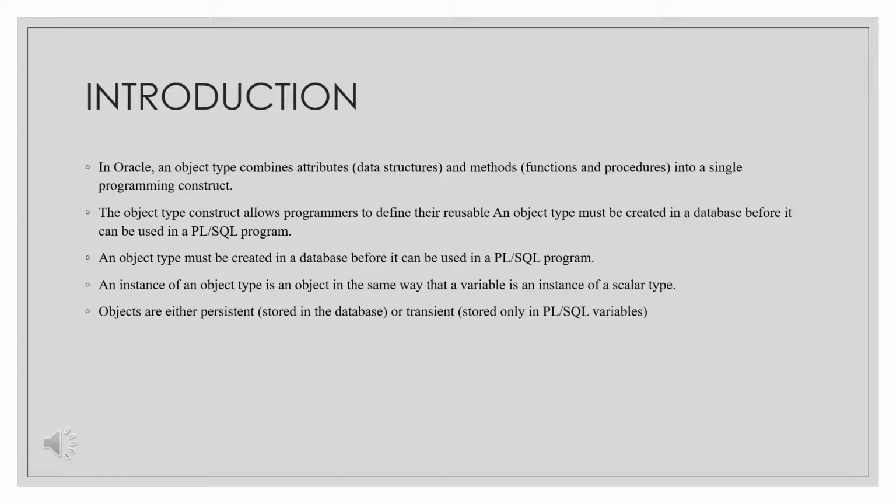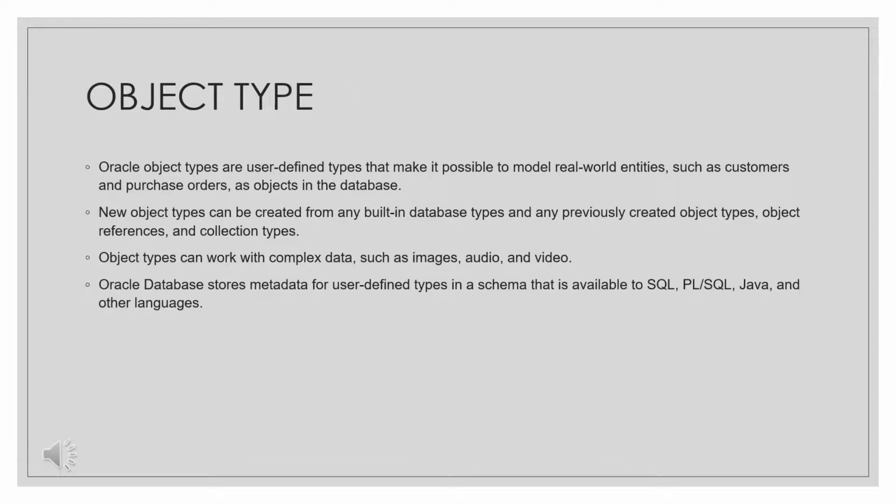Now let's move on to what object types actually are. Object types are similar to classes in any other programming language, which contain data and its attributes. With the help of this, it is possible to model real-world entities such as customers and purchase orders as objects in the database.